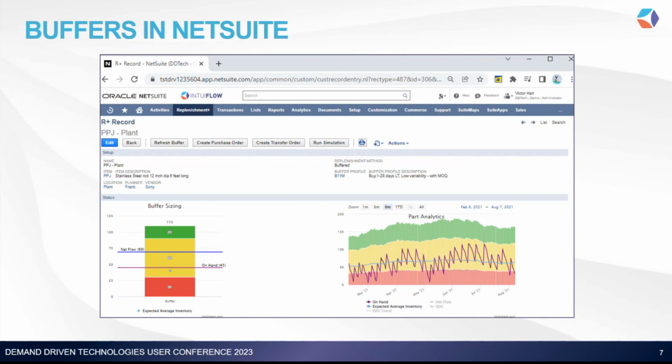And then if it hits it again, the next day they get another signal, and they end up with this really noisy system. So in the DDMRP method, the red zone is designed to be consumed, but we want to monitor it via this part analytics over time to make sure that we're not constantly living down in the red zone. It's occasionally dropping down in there, but over time fluctuating around this blue expected average inventory line.